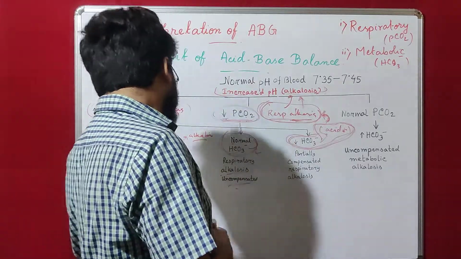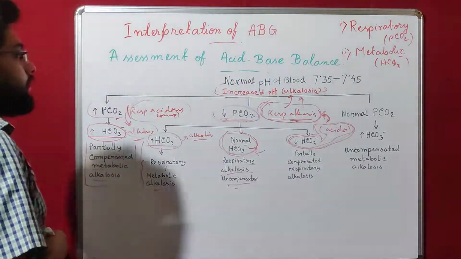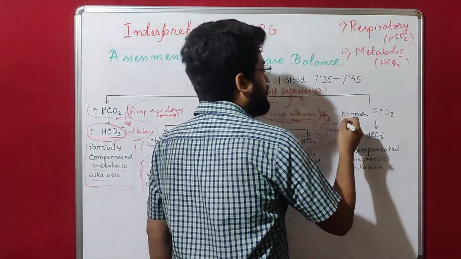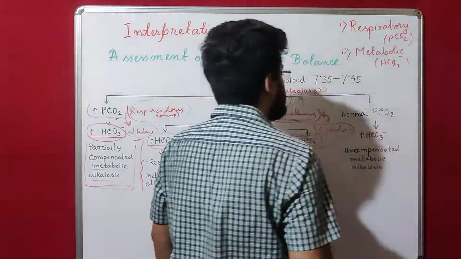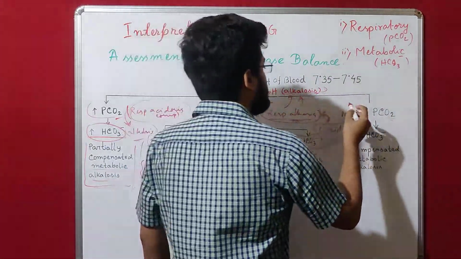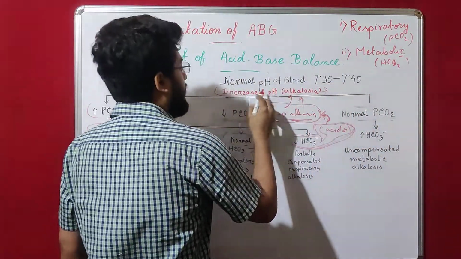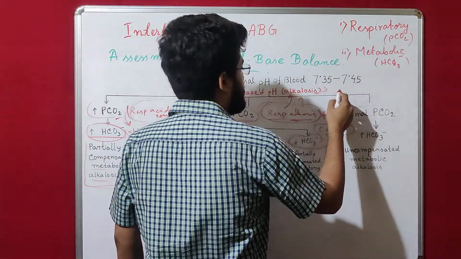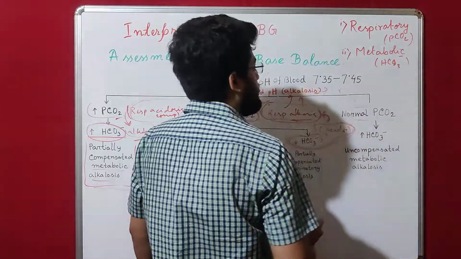And the last chance is that the PCO2 level is normal. If the PCO2 level is normal, alkalosis is not possible due to only this reason.